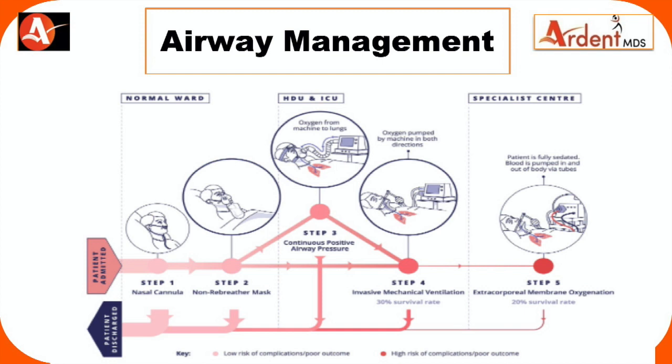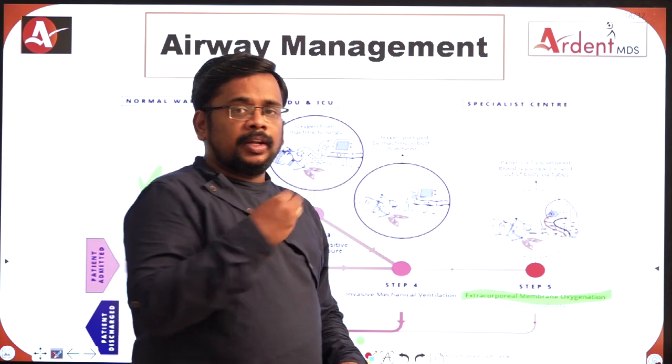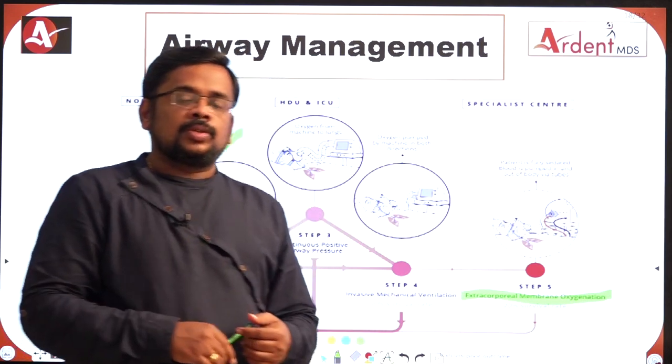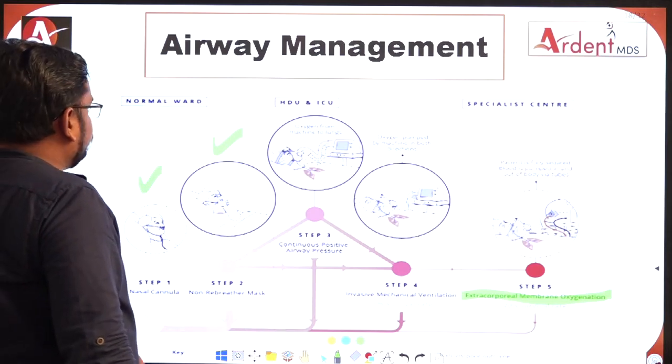Here the oxygen from the machine is directly transferred to the lungs. In the last stage, you can go for extracorporeal membrane oxygenation, where the patient is fully sedated and blood is pumped in and out of the body. So these are the various types of airway management we have to know.